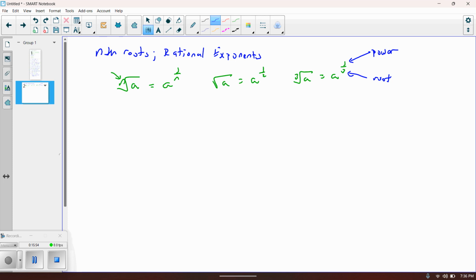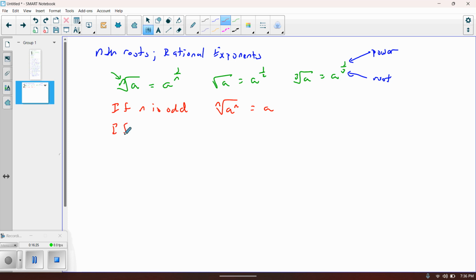If n is odd, the principal root is always just whatever the root is. In other words, the nth root of a to the n power, because the root and the power would be the same if n is odd, would just give you a.